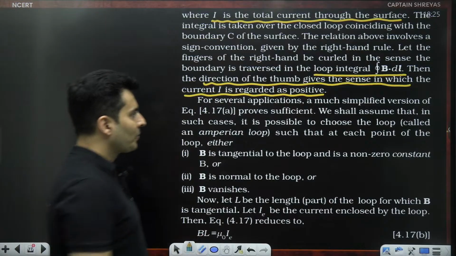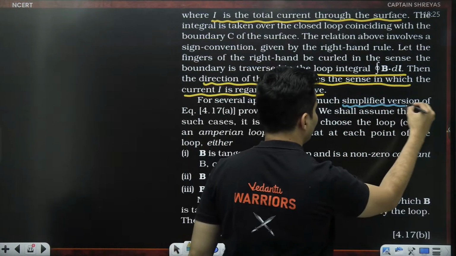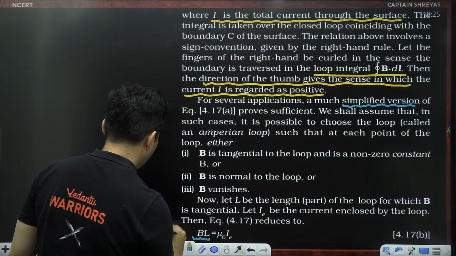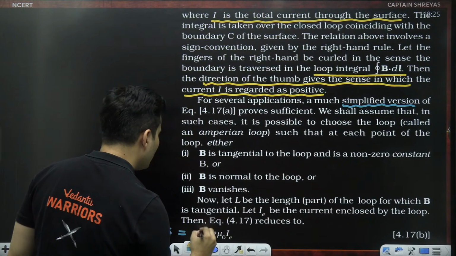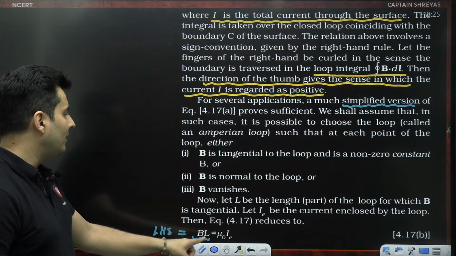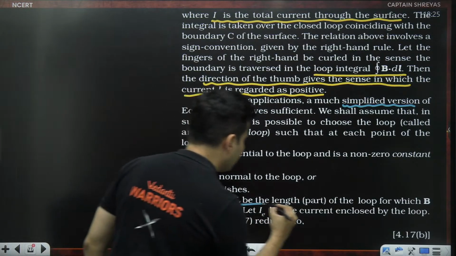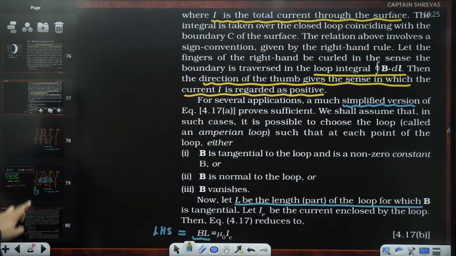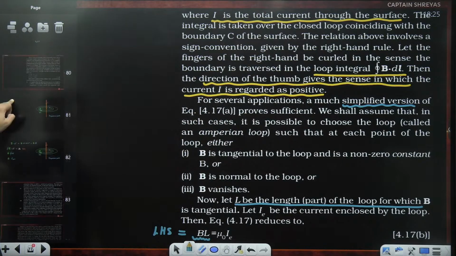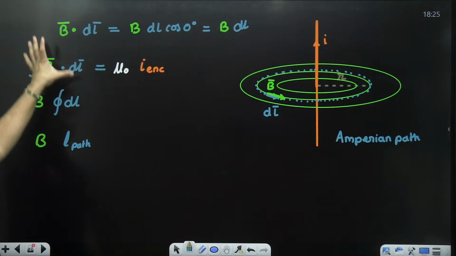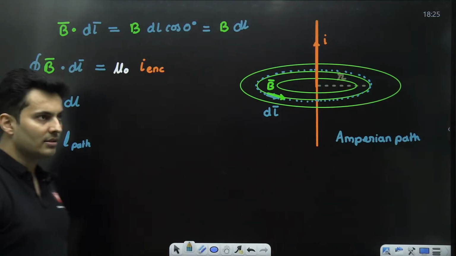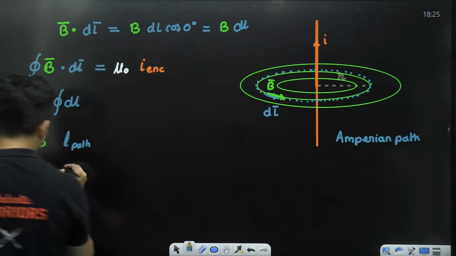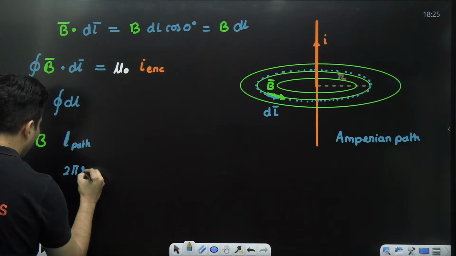B into L. So for a simplified version, the left hand side becomes equal to magnetic field into L, where L is the length of the path. That is exactly what has happened on the left hand side of the Ampere's loop law. Cool? Okay. So that length of the path in this case is 2 pi r.